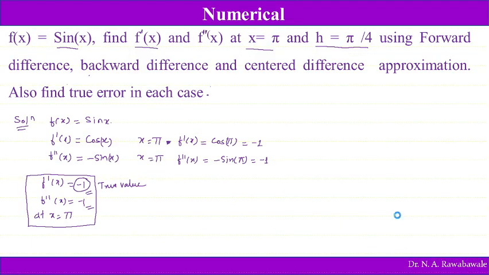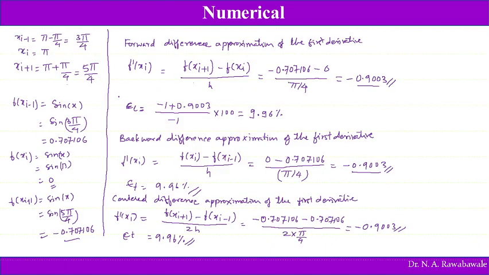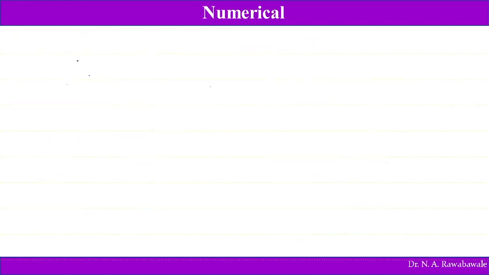To find out the second derivative, we need f of xi plus 1, xi plus 2, f of xi minus 1, xi minus 2. So we have to find out the values for two more stages. Here xi is pi, xi minus 1 and xi plus 1 we know, and xi minus 2 and xi plus 2 we have to find.